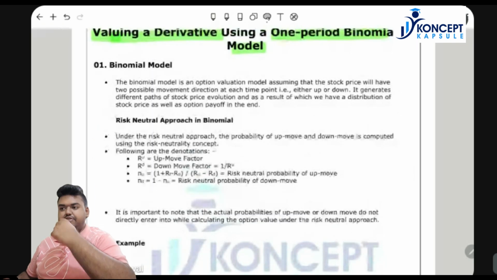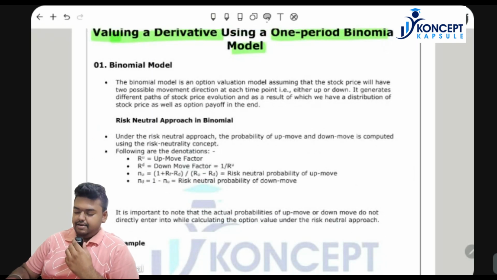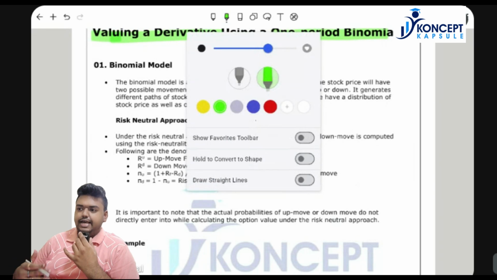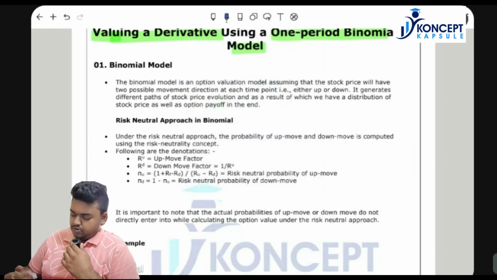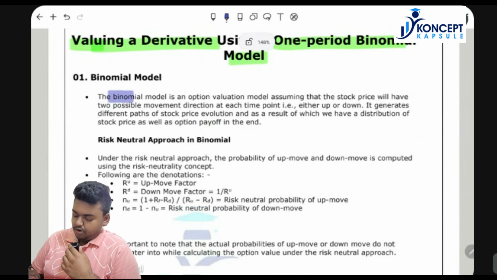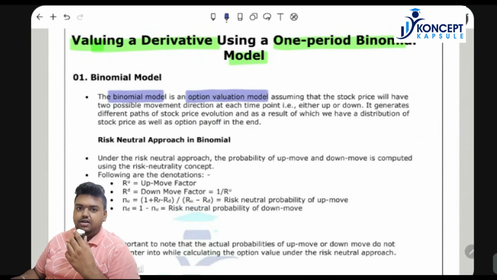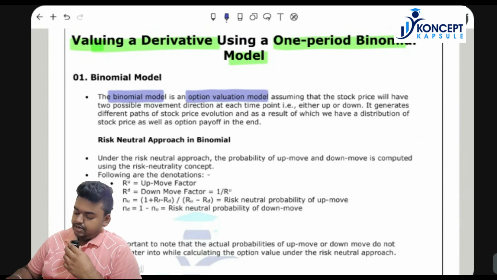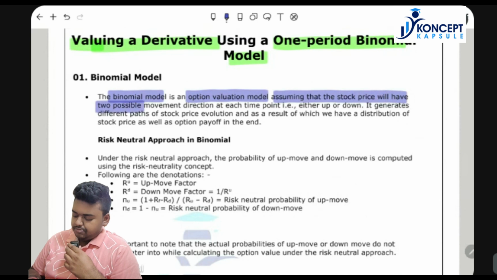So, let us see the definition of binomial model, and then we will take it up with the help of examples and all. So, what does binomial model say? The binomial model is an option valuation model that assumes that the stock price will have two possible movements at a time, either up or down.